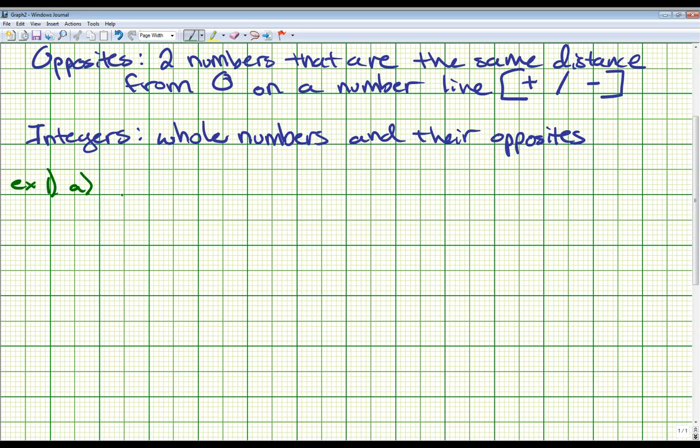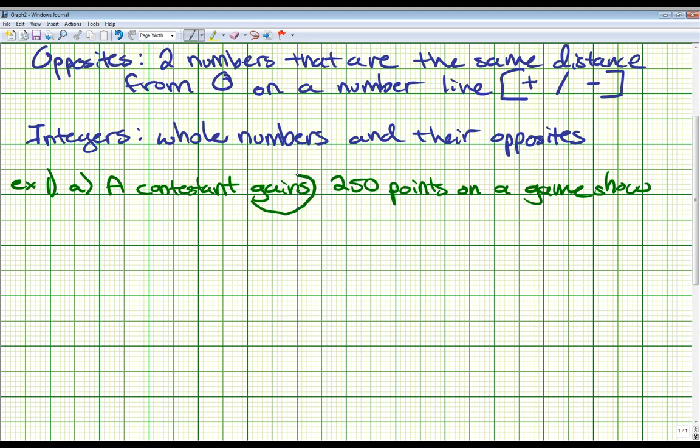It says a contestant gains 250 points on a game show. So we'll write down that sentence. There is a specific word in here that's going to help us determine whether it's going to be positive or negative, and that word is gains.